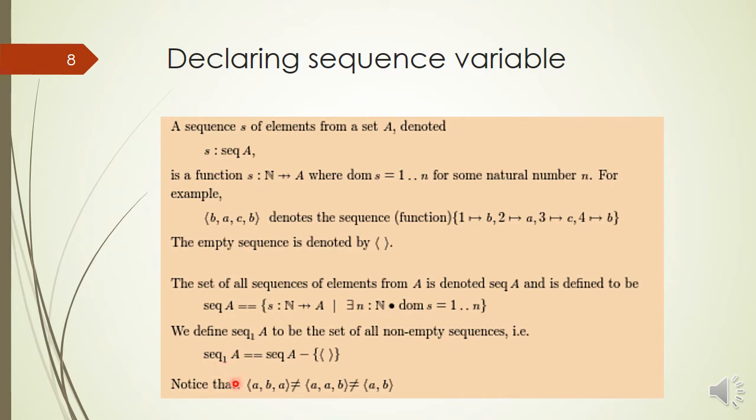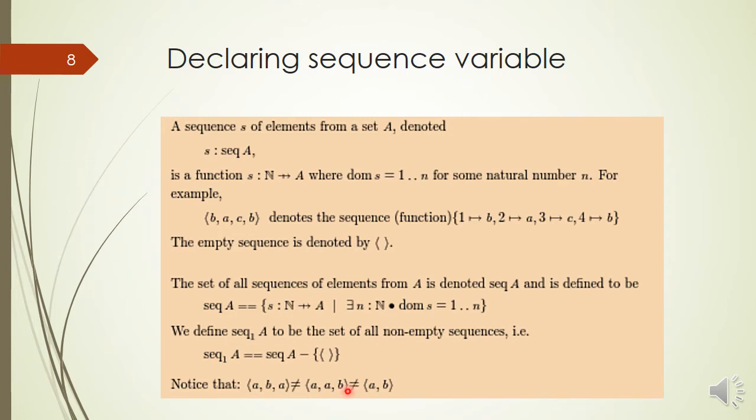And it is worth mentioning here that the order of elements in angle brackets basically remains intact. Therefore, the sequence with three elements A, B, and A would be different from the sequence with the same elements but in a different order.